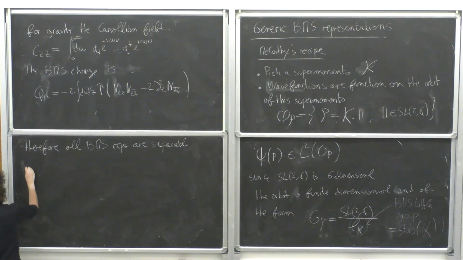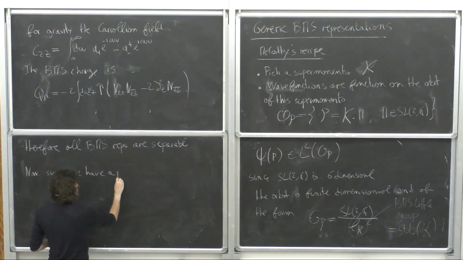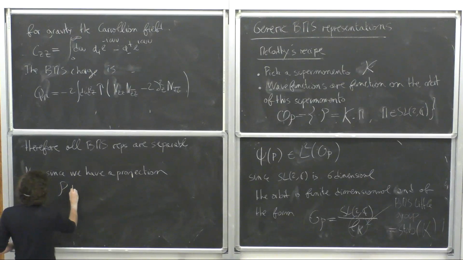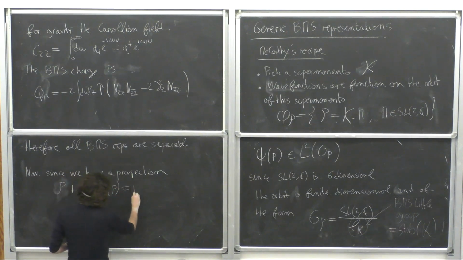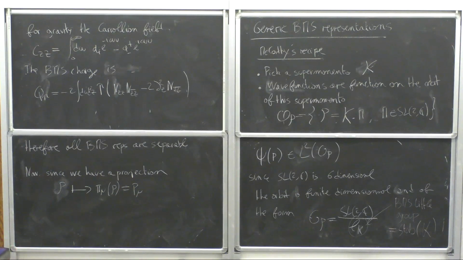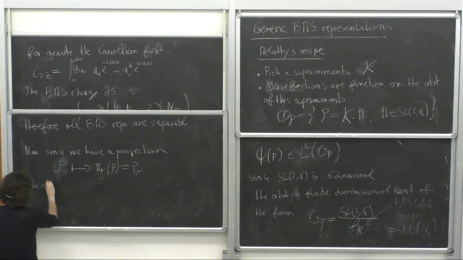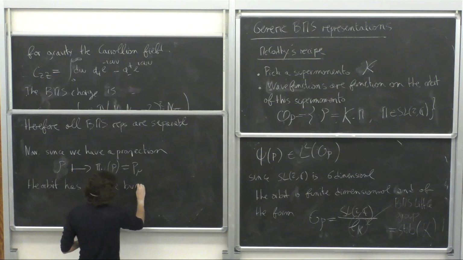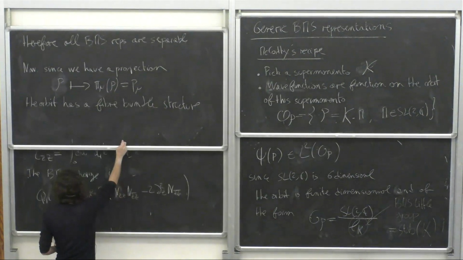Since we have a projection from supermomenta to momentum, this orbit has a fiber bundle structure.